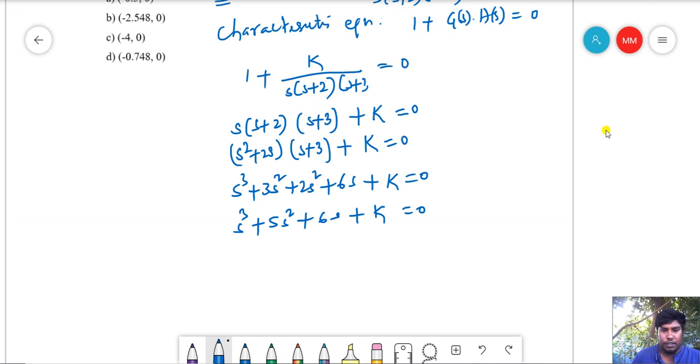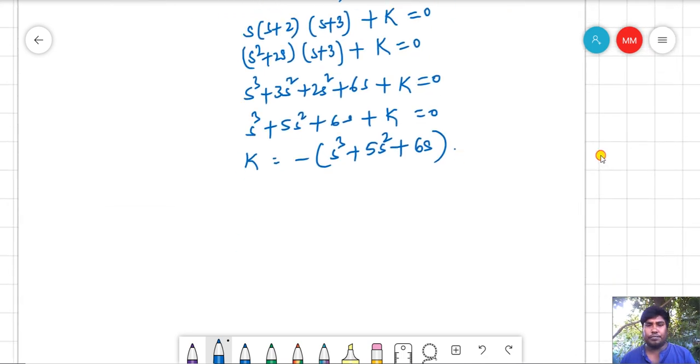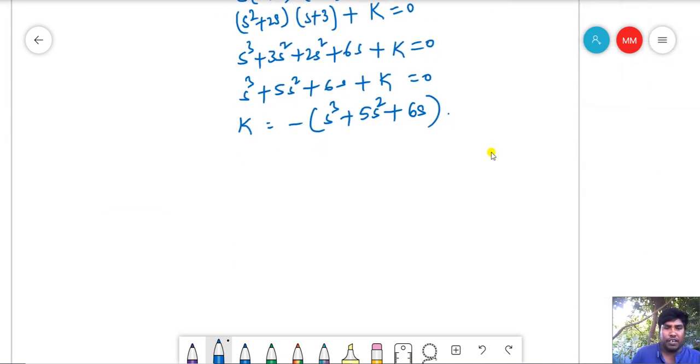Write the equation in terms of K: K = -(s³ + 5s² + 6s). Now let us see the concept of breakaway point.